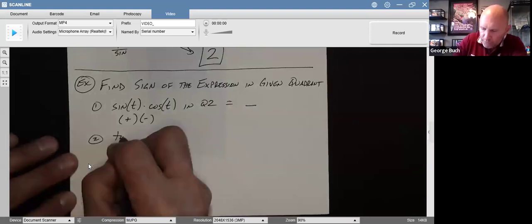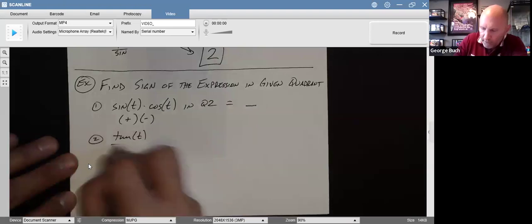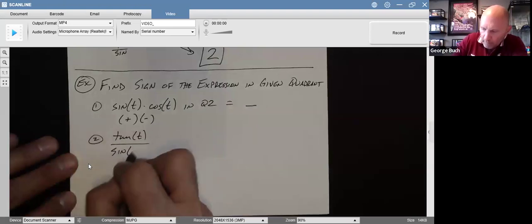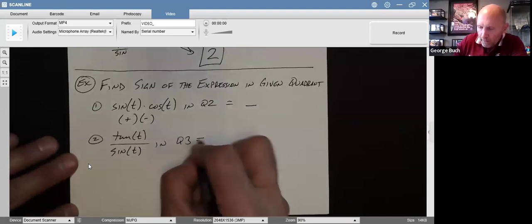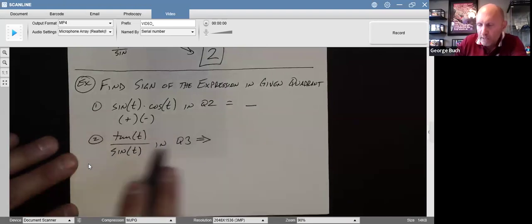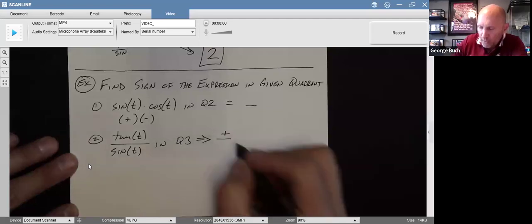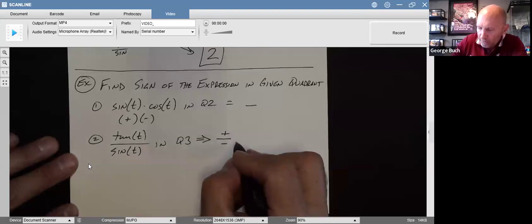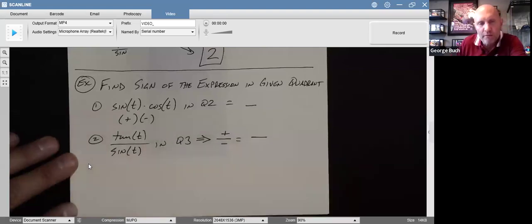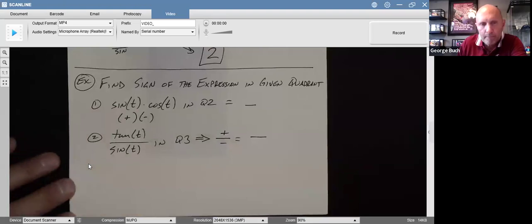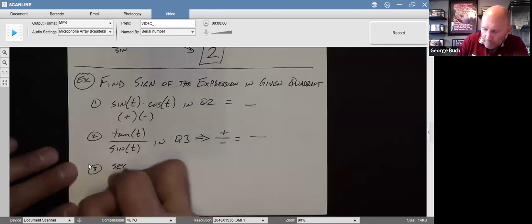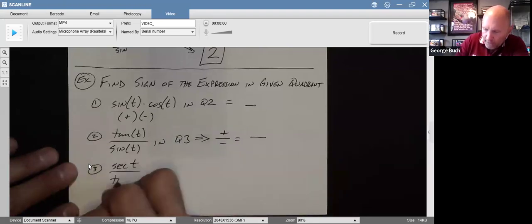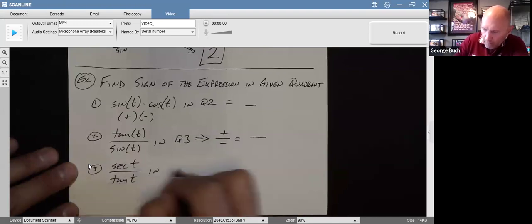How about tangent of t over sine of t in quadrant 3? All right, so tangent of t in quadrant 3, all students take t, that's positive. Sine in quadrant 3 is negative, so positive divided by negative means this is also a negative answer. And then lastly, if I have secant of t over tangent of t in quadrant 4.